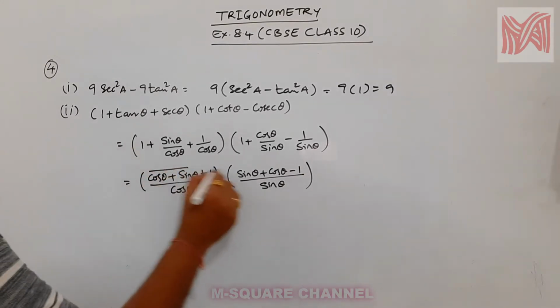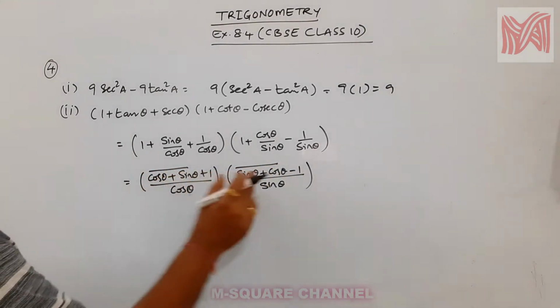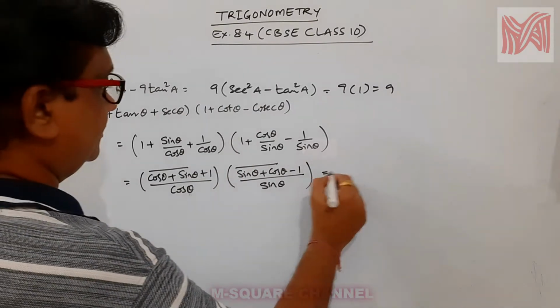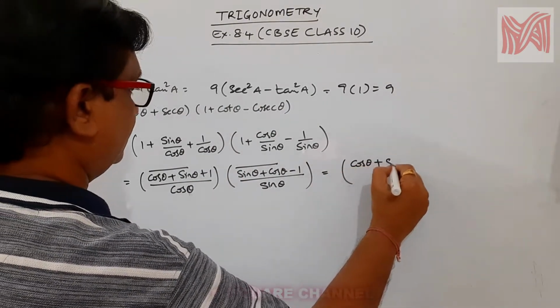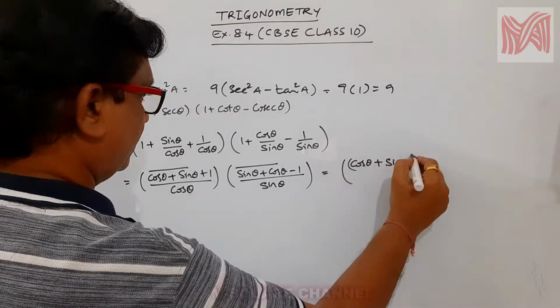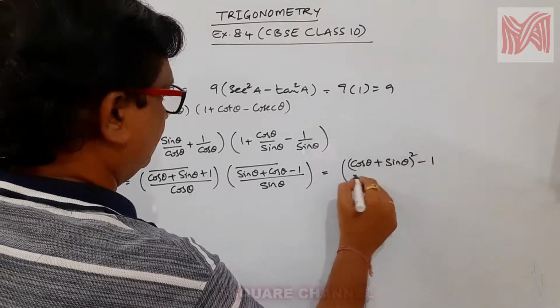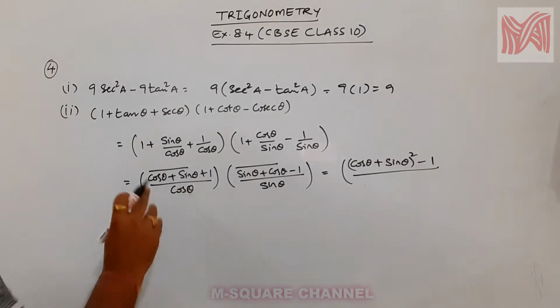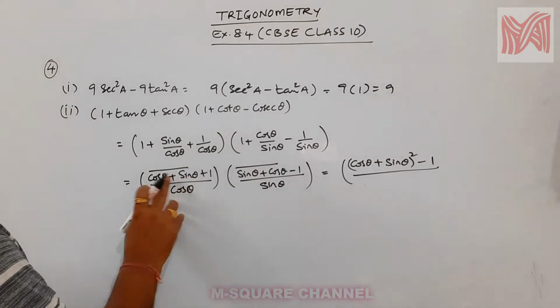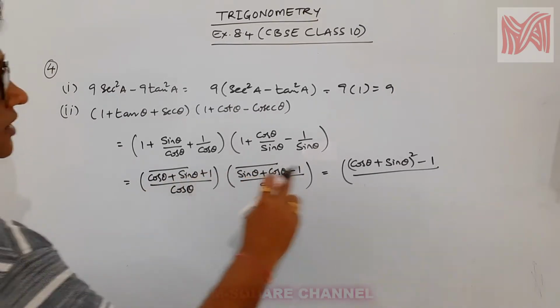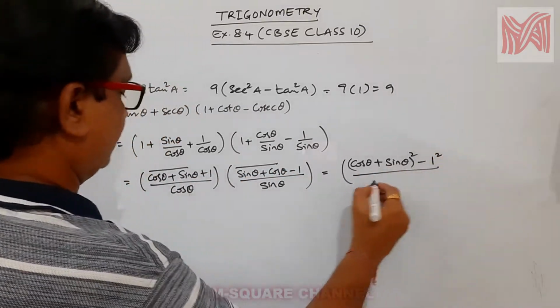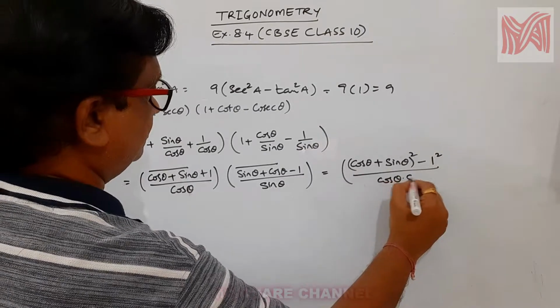If you take these two as one step, a plus b into a minus b. So here we get cos theta plus sin theta whole square minus 1 by sin theta cos theta. This is a plus b, a minus b. A square minus b square means 1 square. You can write it. Cos theta into sin theta.